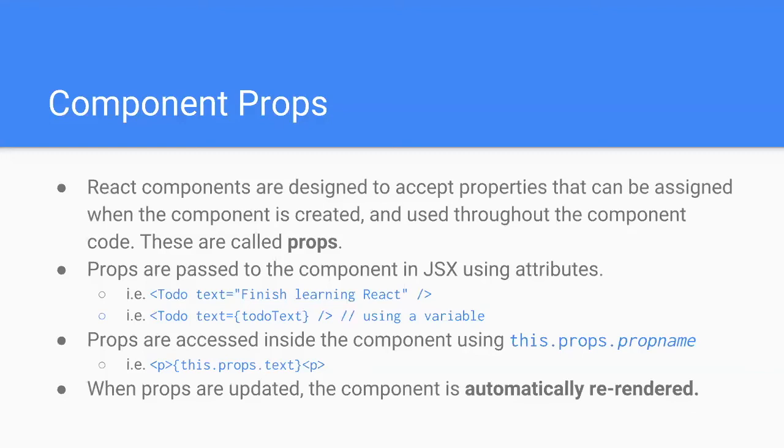So this is a super cool feature of React, which is why I bolded this, because it's very cool. When props are updated, the component is automatically re-rendered. So if this.props.text ever changes, if you just update in your code somewhere so this.props.text now equals something else, your component will automatically be re-rendered.